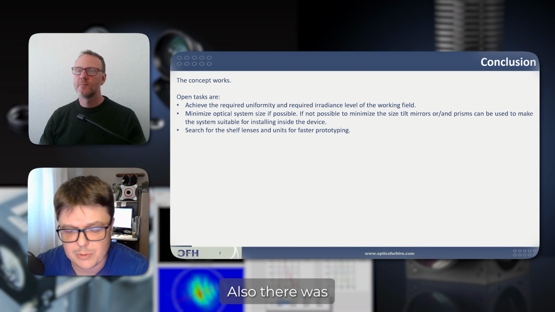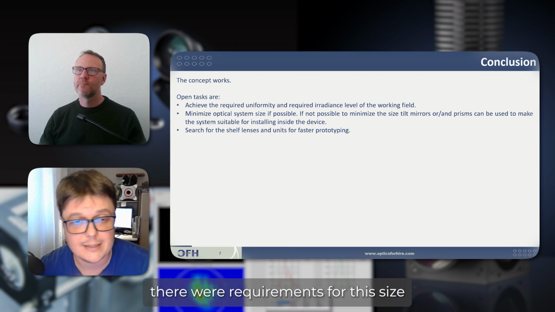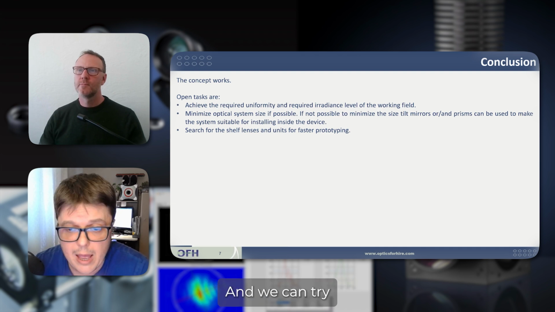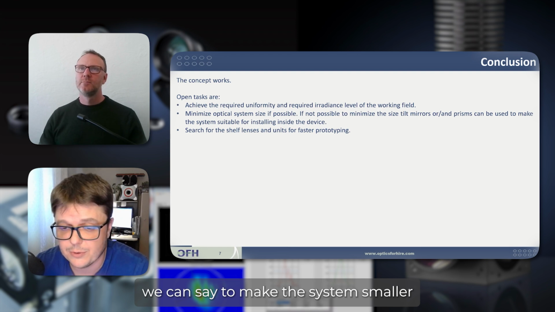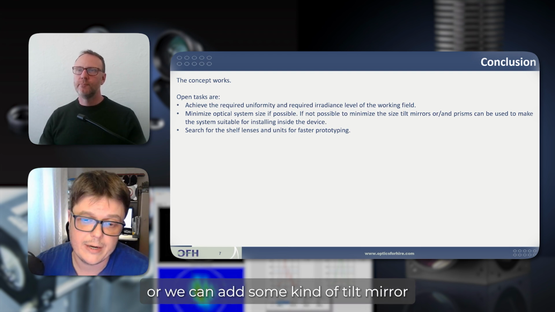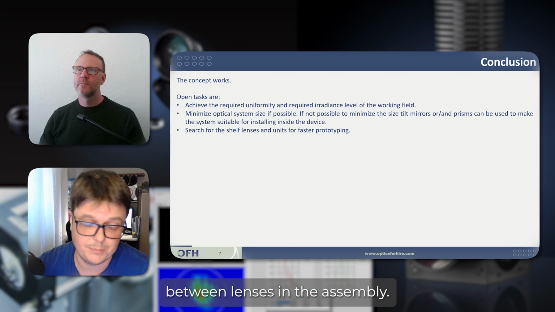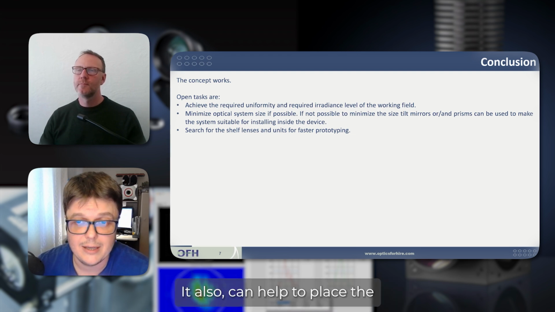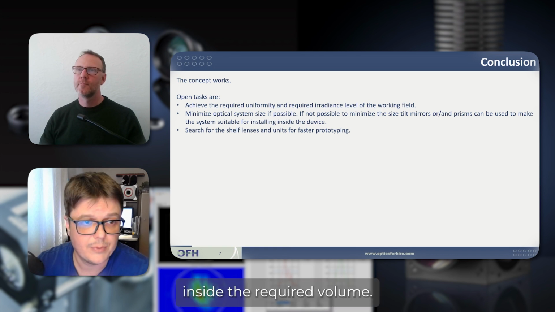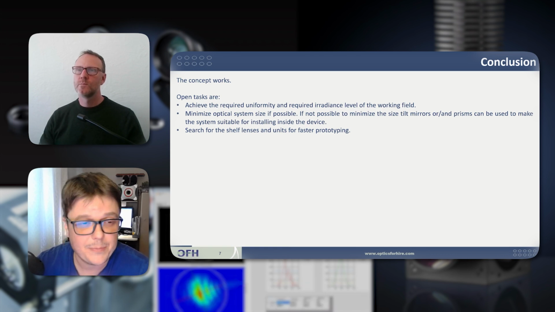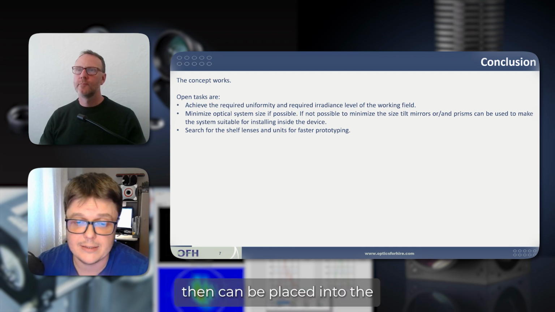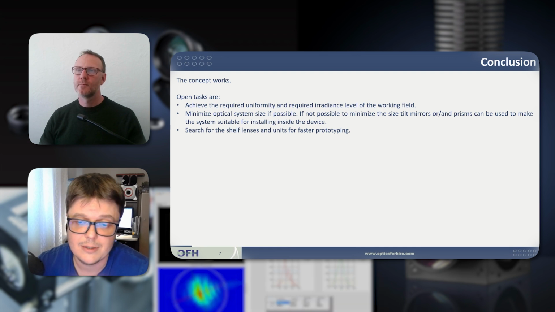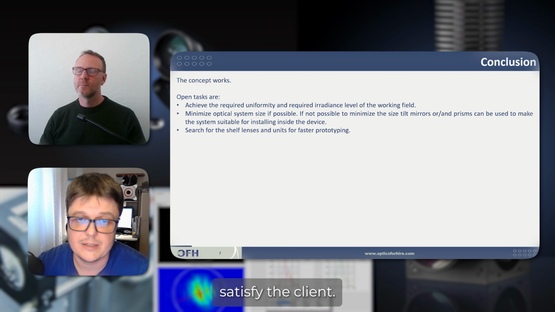Also there were requirements for the size and for the placement of the optical system, and we can try to make the system smaller, or we can add some kind of tilt mirror between lenses in the assembly. It also can help to place the optical system inside the required volume. And the last step is to search for off-the-shelf lenses that can be placed into the assembly and provide results that can satisfy the client.